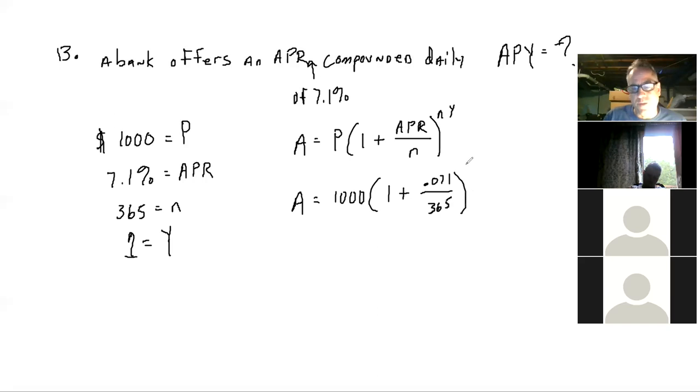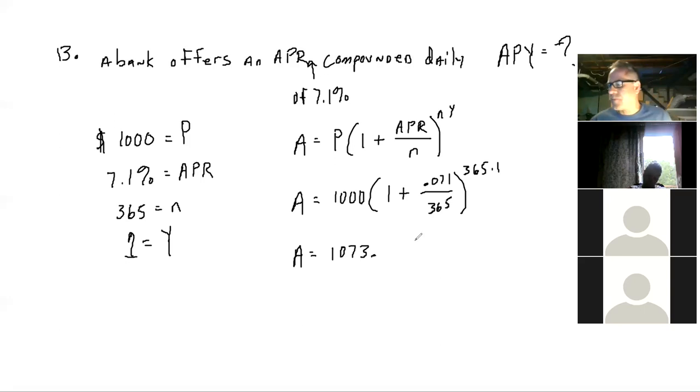And then up here would be 365 times 1. So it's just to the power of 365. I'll put times 1 just for the heck of it. All right. So we'd get our calculator and we'd crunch that out. And I'm going to get 1,073.57.